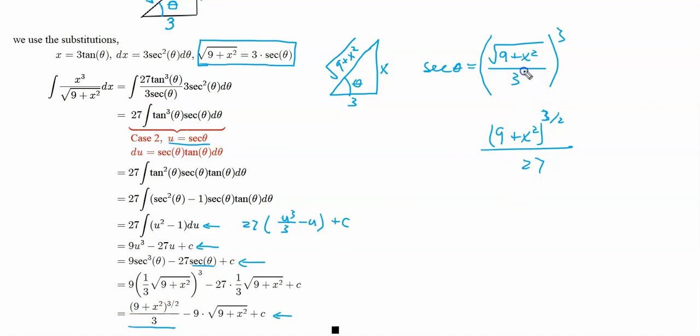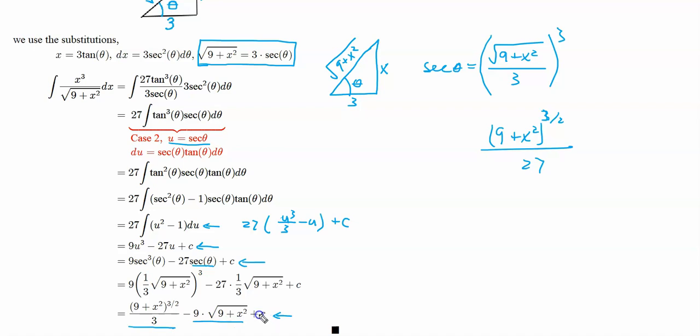When we put the square root of 9 plus x squared over 3 in place of the secant here, you end up with just 9 times the square root of 9 plus x squared. Okay. Notice the 27 over 3 gives you the 9 here.